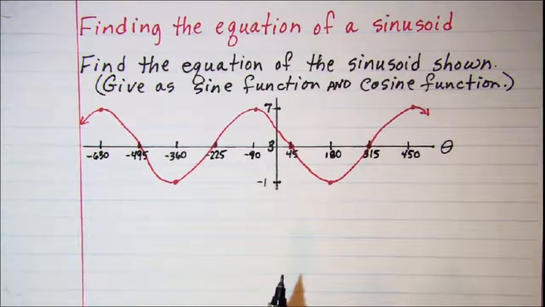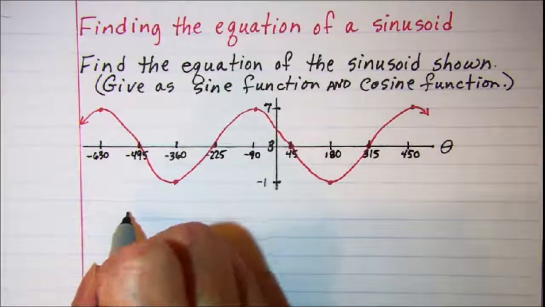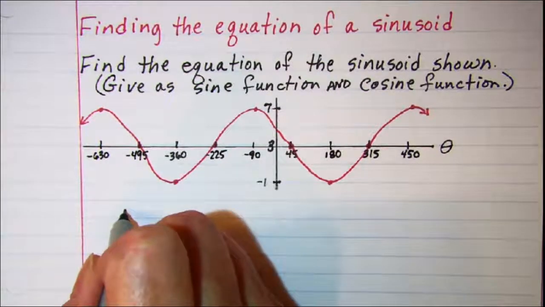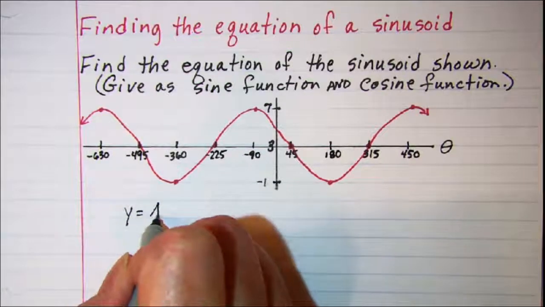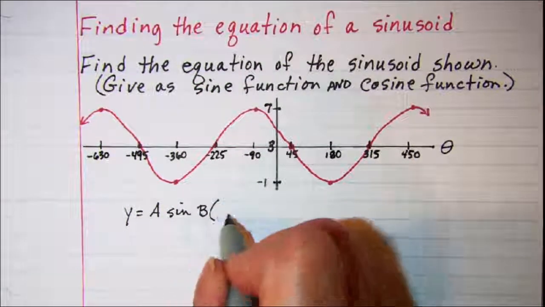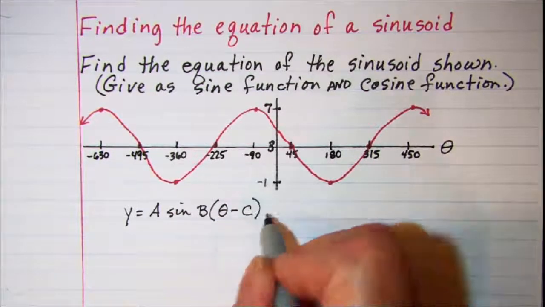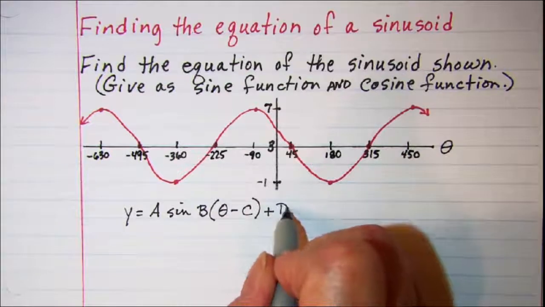So let's first do our sine function. The basic equation would be y equals a sine b times the quantity theta minus c, and then plus d.